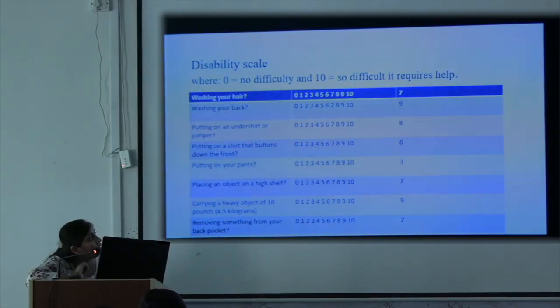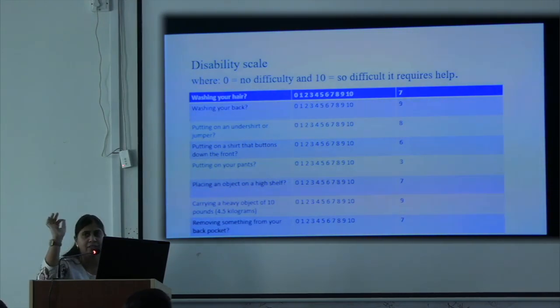Now I am coming to the disability scale, where we ask the patient 8 questions and the patient marks again 0 to 10, where 0 is no difficulty and 10 is much difficulty.